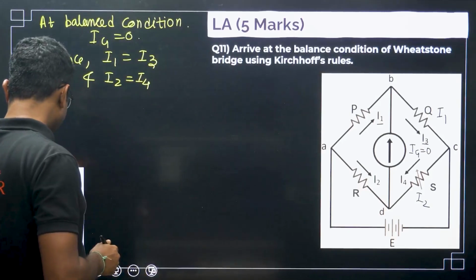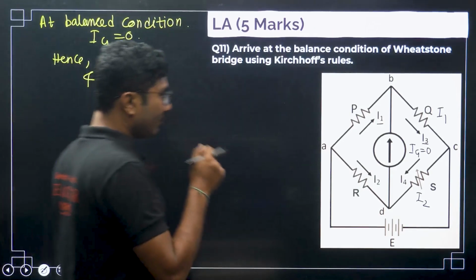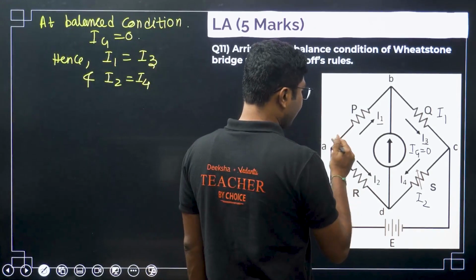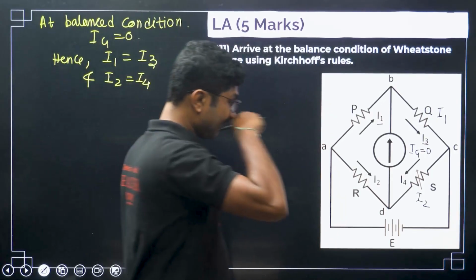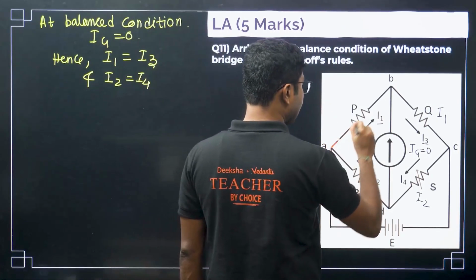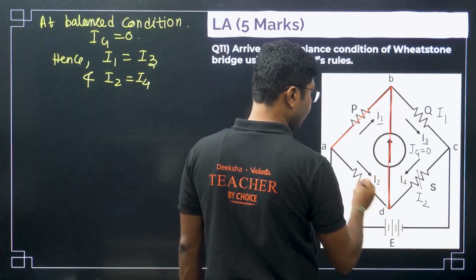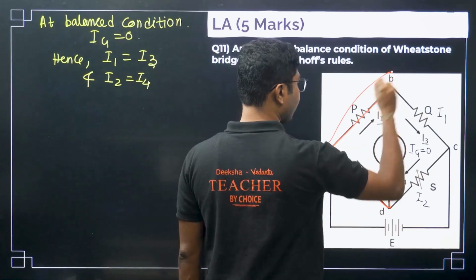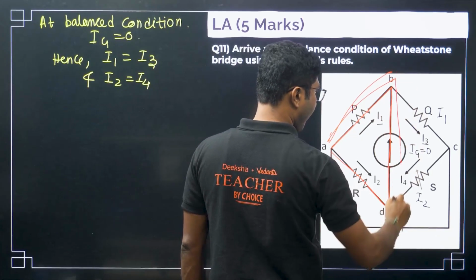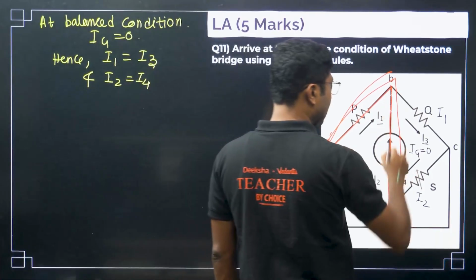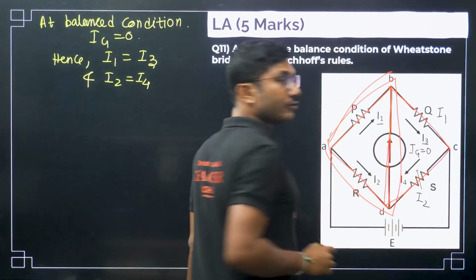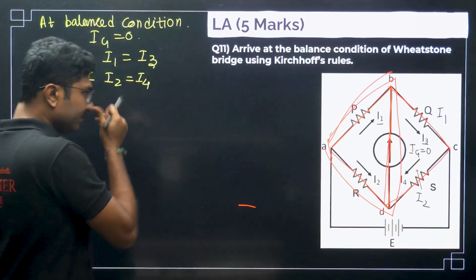Now, let's see. There are two loops that we will consider. One loop that we consider is this one. This one is the first loop, and the second loop we will consider is this one. So these two loops we will consider.